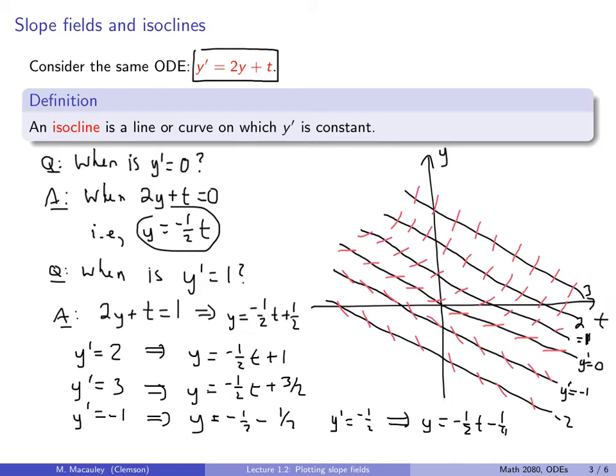In other words, along this line here, the slope is going to be exactly negative 1/2, which is exactly the slope of this line. So in other words, this line is actually going to be a solution.